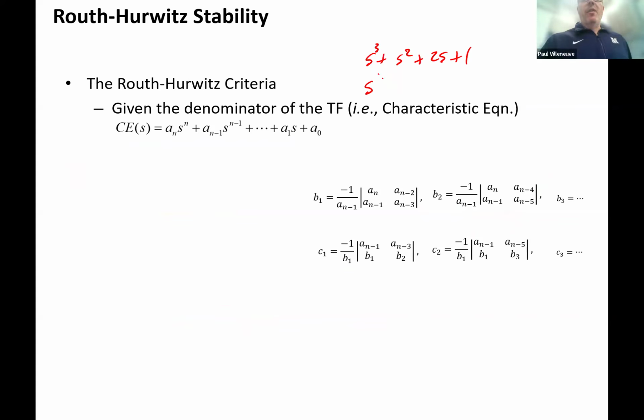But I know for a fact that a negative sign over there means I don't even have to do this Routh-Hurwitz approach. Okay? I don't have to touch it. I don't have to even look at Routh-Hurwitz because I know there's at least one pole in the right-hand half plane. This is an unstable system. So if you ever come across a system where they're all positive but one's negative, it's an unstable system. How about this one?